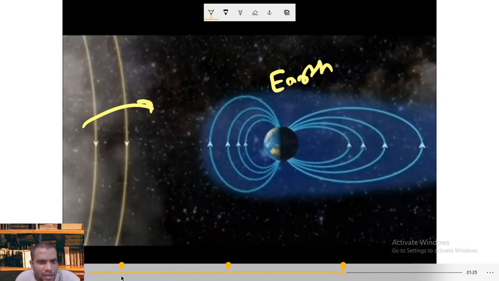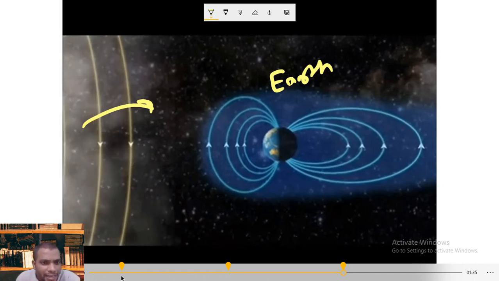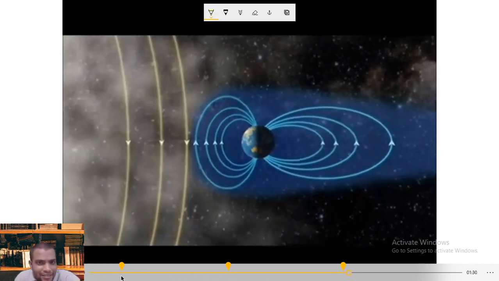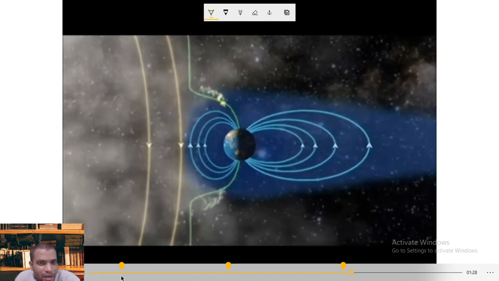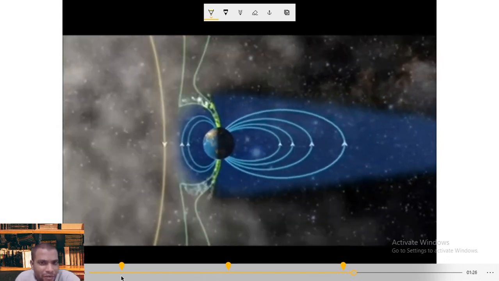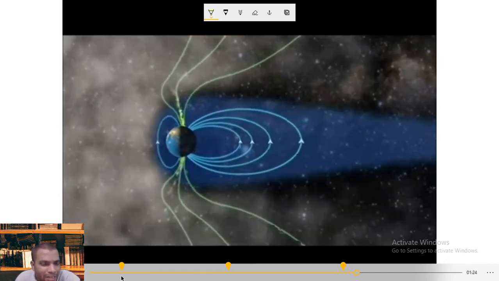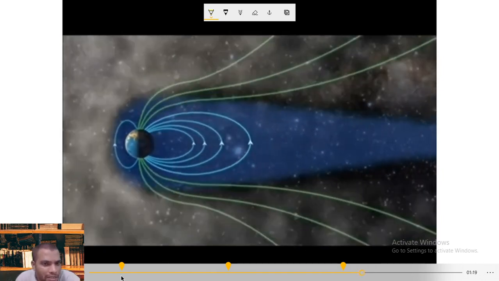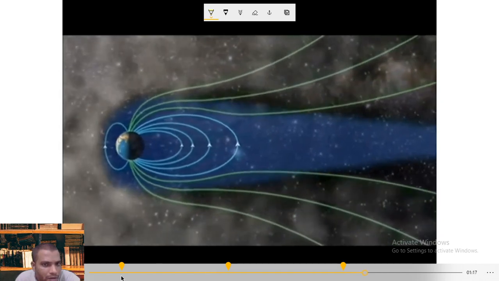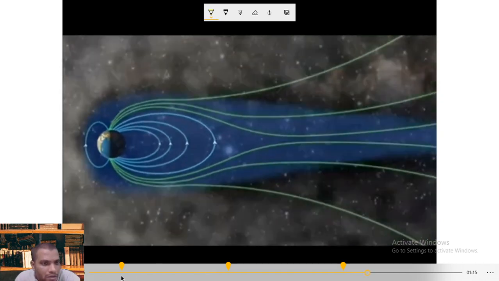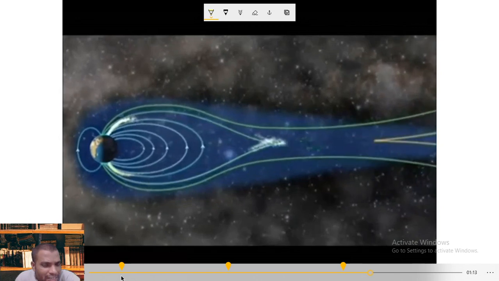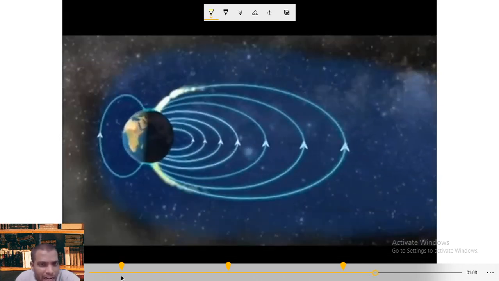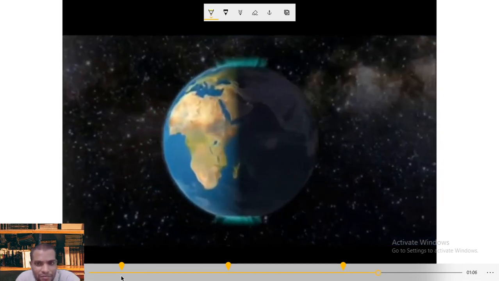The charged particles are responsible. Here the solar flares are interacting with the earth's magnetic field. So our earth's magnetic field gives a protection shield from the sun's plasma. That protection shield is the interaction of the sun's plasma with the earth's magnetic field.